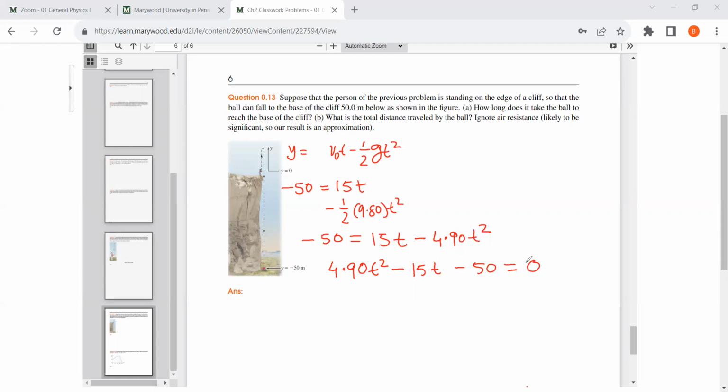Now this is a quadratic equation, and this looks like a t square plus bt plus c equal to 0.